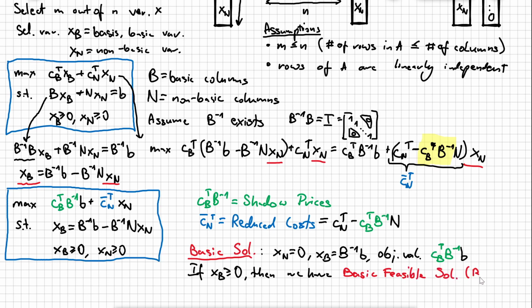Let's call it BFS for short, right? So basic feasible solutions actually correspond to corner points in the graphical method. Remember when we had corner points in the feasible region? Each of those corner points is one of the basic feasible solutions, right? It has some variables zeroed and the other variables calculated according to the constraints, right?